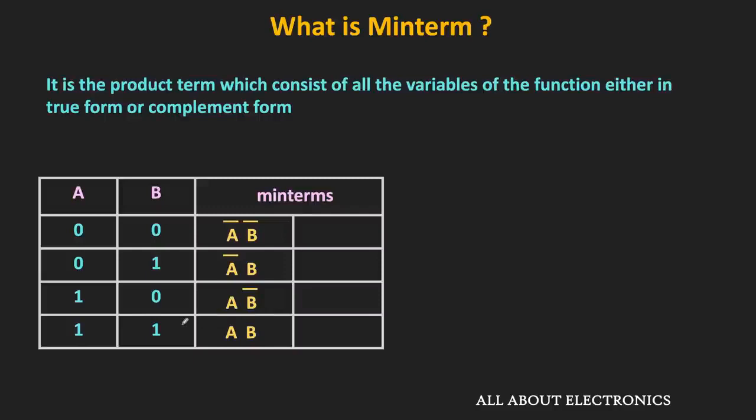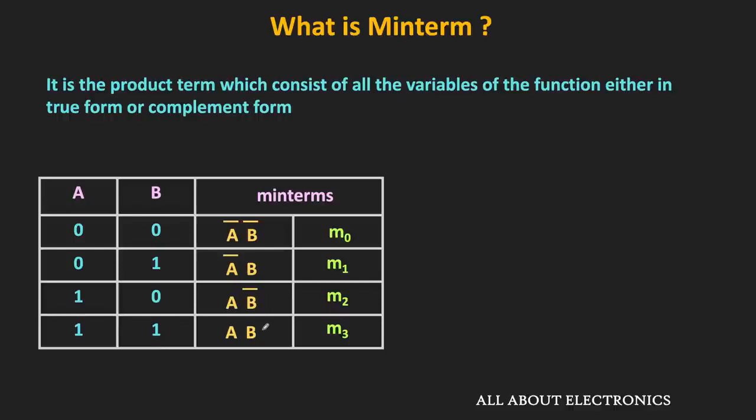Now for convenience, these minterms are also represented by the lowercase letter m followed by the number, which is the decimal equivalent of the input combination. That means this 00 corresponds to m0, while this 01 corresponds to m1. Likewise, this 10 corresponds to m2 and this 11 corresponds to m3.